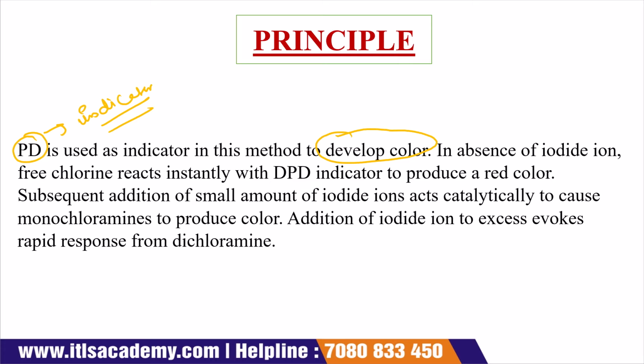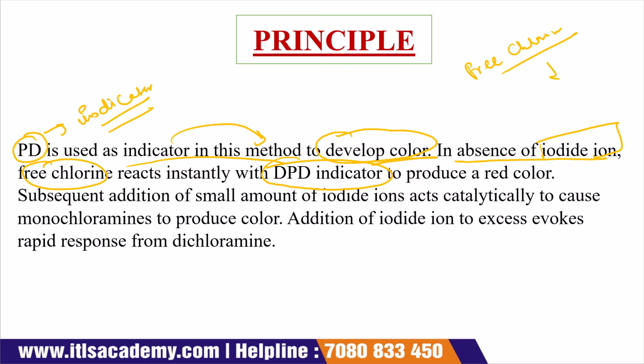So DPD is used as an indicator in this method, and its work is to develop a color. In the absence of iodide, free chlorine reacts with the DPD indicator. Okay, if the iodide ion is absent, in that case free chlorine reacts with the DPD indicator.